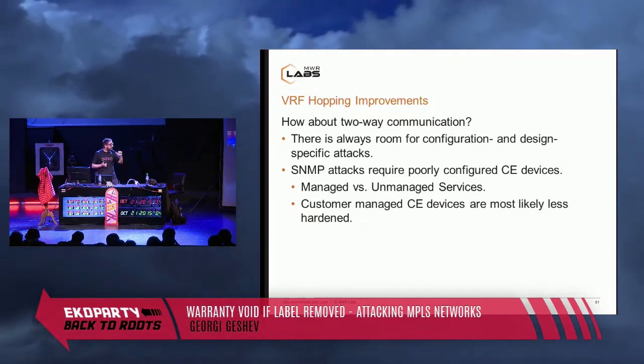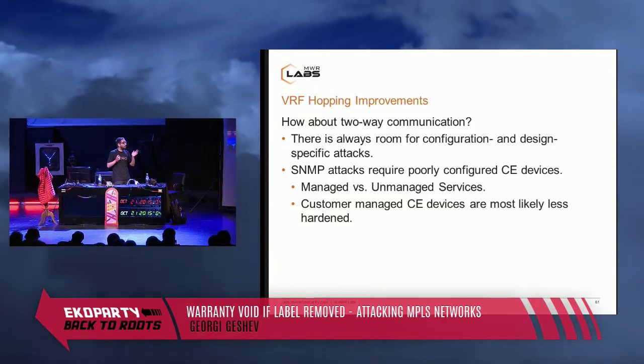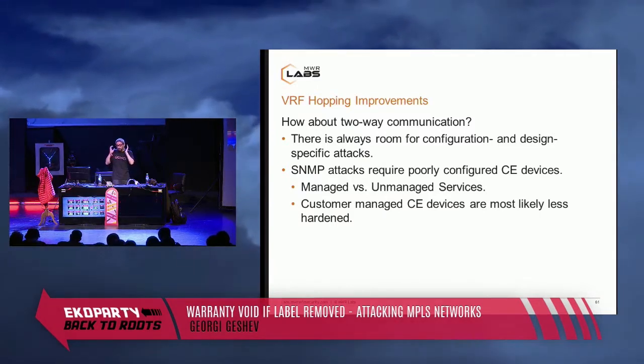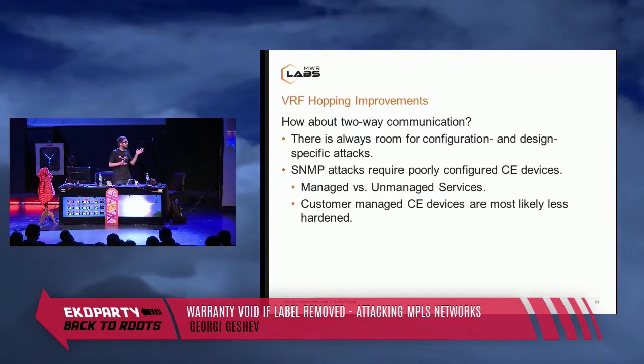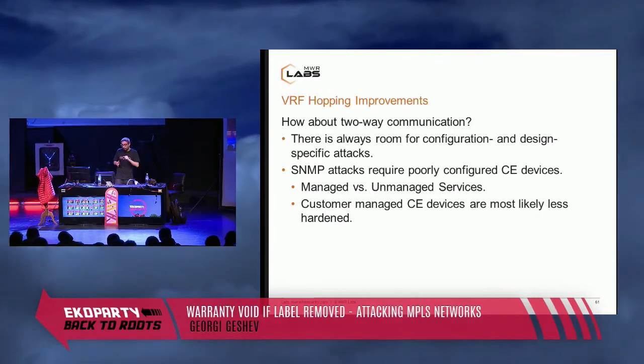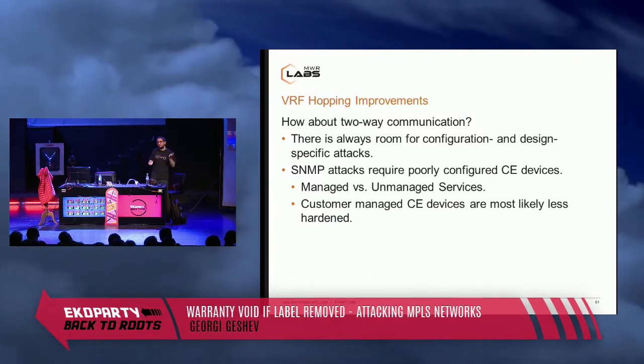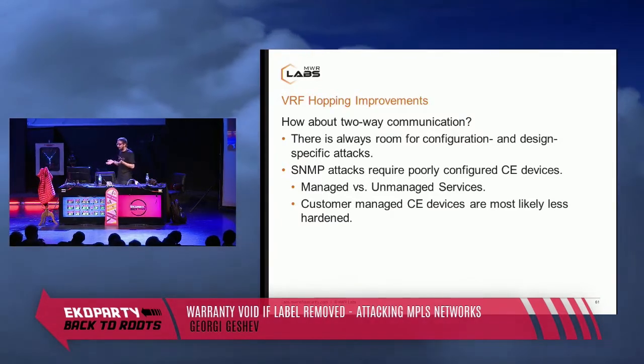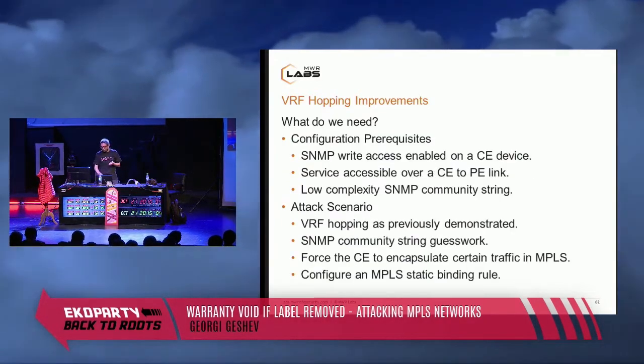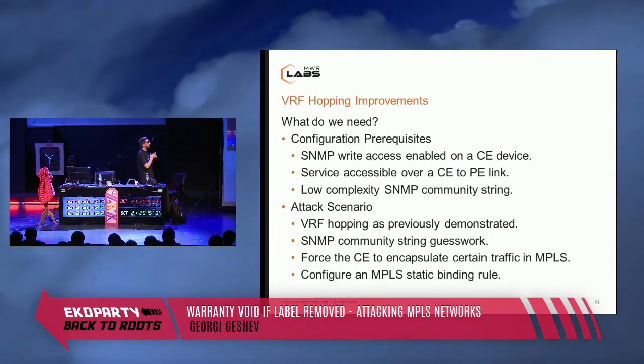And again, this SNMP attack scenario is a lot more likely to succeed in an unmanaged service scenario, because a client is a lot more likely to misconfigure and miss some hardening on its device compared to a service provider. What do we need for this attack to succeed?